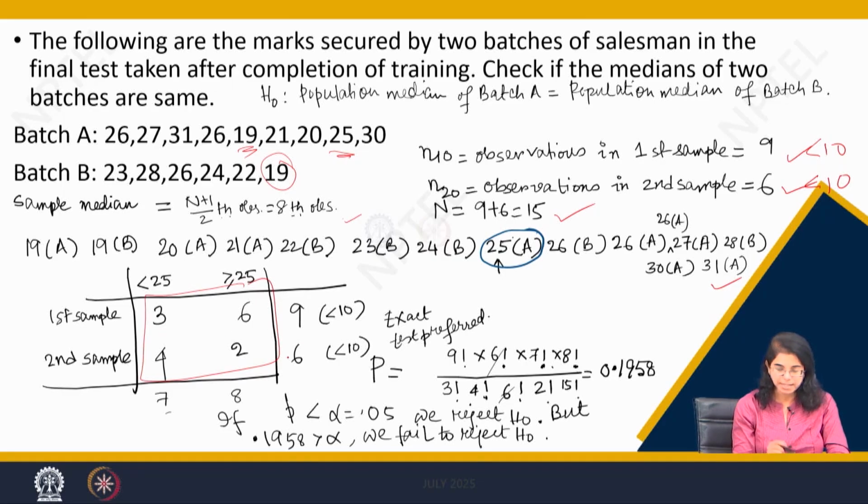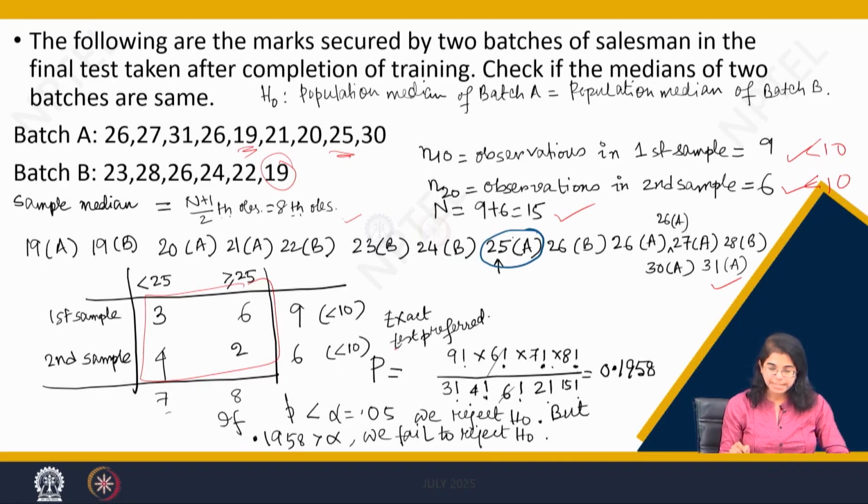Add 4 plus 2 is 6. Quite obvious because the first sample comprises 9 observations while the second one is holding 6 observations. So that's what is happening here. And 4 plus 3 is 7. That in the combined sample, 7 observations are less than 25 and 8 observations are greater than or equal to 25.